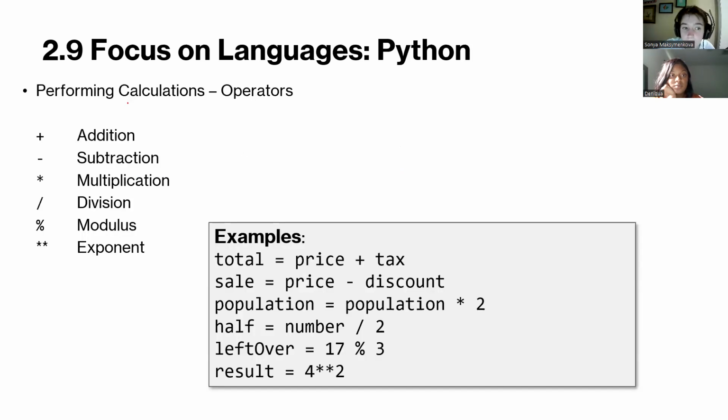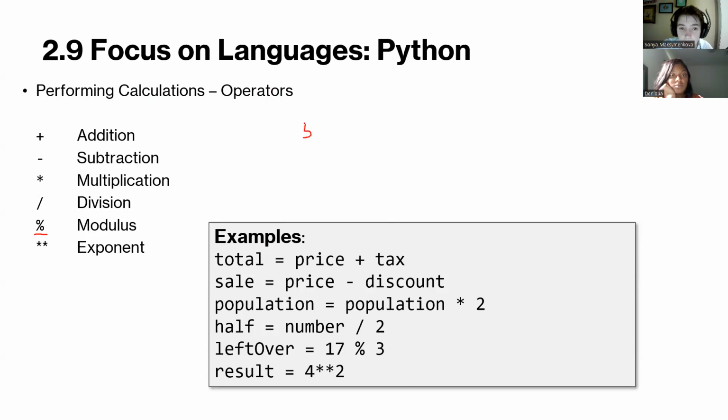Now to perform any calculations, it's the same as your basic algebra. This is plus, addition, minus, subtraction, multiplication. The only new thing that we have is a modulus. I've talked about this in another lecture. Modulus just gives you a remainder.